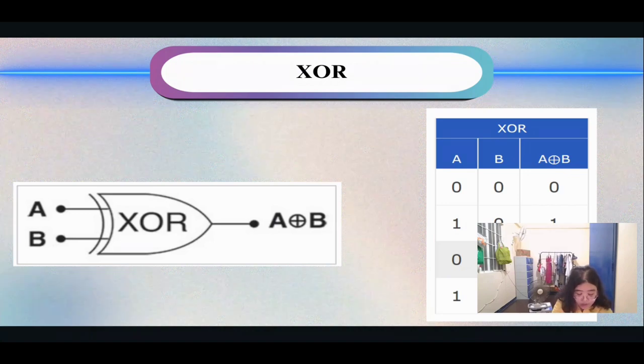In the third row, similar to the second row, when one input is 0 and the other is 1, the result is 1 because the inputs are different. Fourth row, when both inputs are 1, the result will be 0 because the inputs are the same.